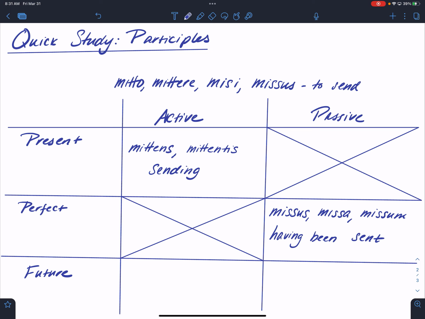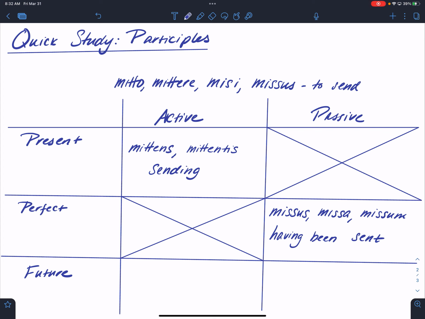Okay, so if you notice, right, we've got two verb forms, well, kind of, okay. Missus, missa, missum looks most like what type of adjective? First and second or third? First and second, right? Because you've got an us, a, um format.